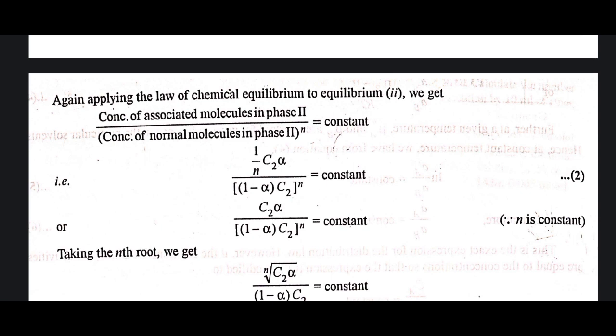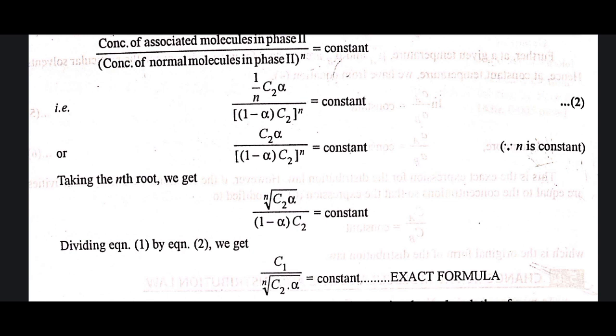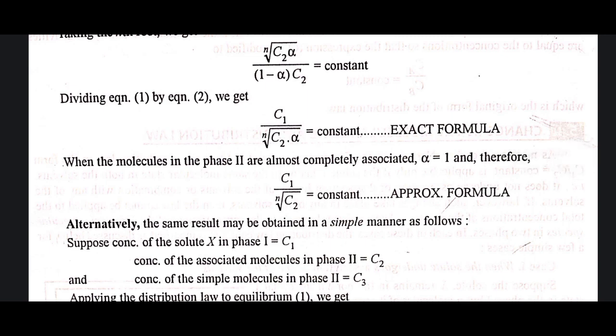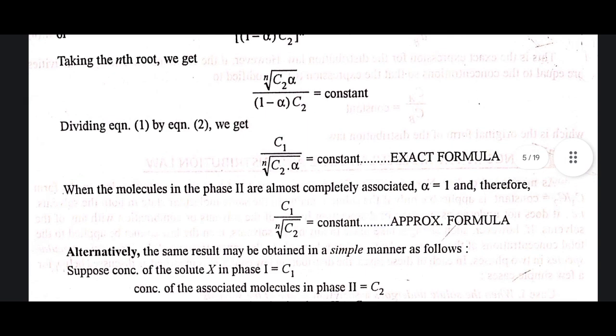Or, C2 alpha upon ((1 minus alpha) C2) whole raised to the power n is equal to constant. Therefore, taking the nth root, we get nth root of C2 alpha upon (1 minus alpha) C2 is equal to constant. Dividing equation 1 by equation 2, we get C1 upon nth root of C2 alpha is equal to constant.